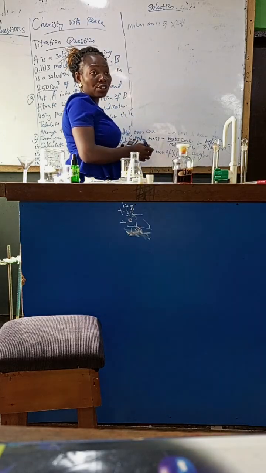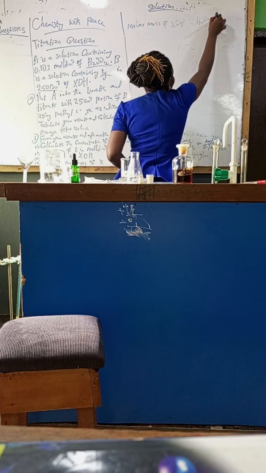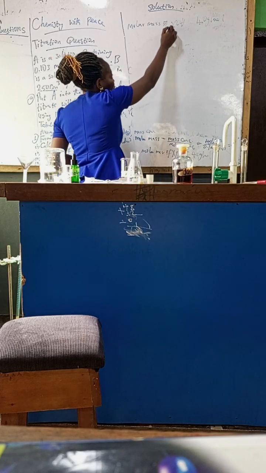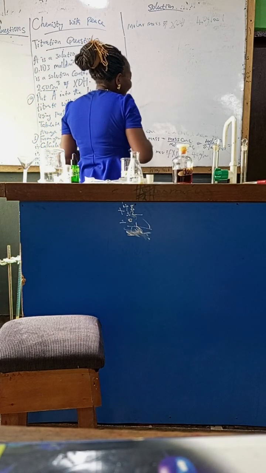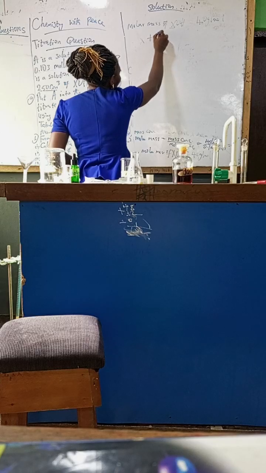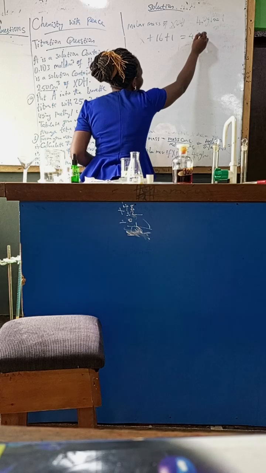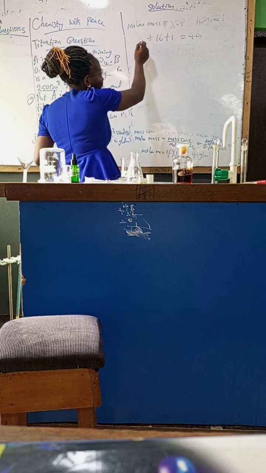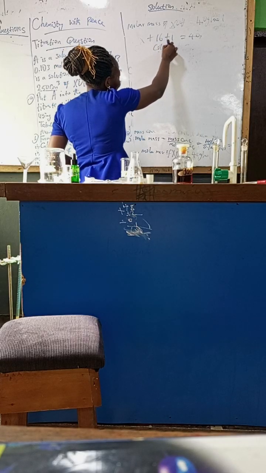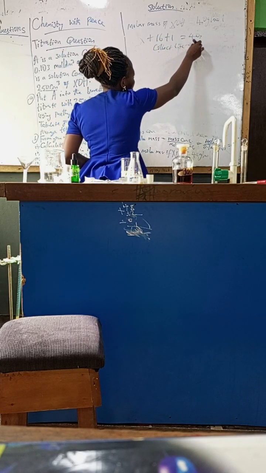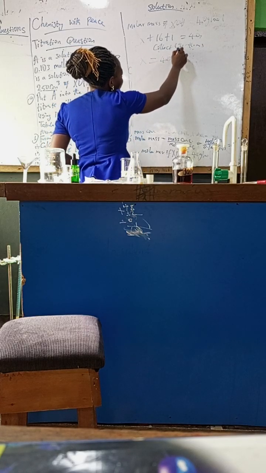We just got the molar mass of SOH to be what? 40 grams per mole. And we are asked to calculate the atomic mass of this alone. So how we are going to do it is this. We have it as S plus 16 plus 1 equals to 40 grams per mole. This S we are looking for; 16 plus 1 is what? 17. We are going to collect like terms. To collect like terms, we now have it as S is equal to 40 minus what?